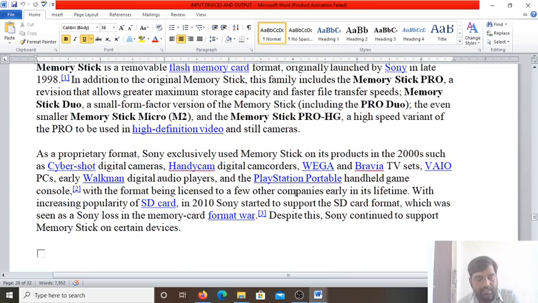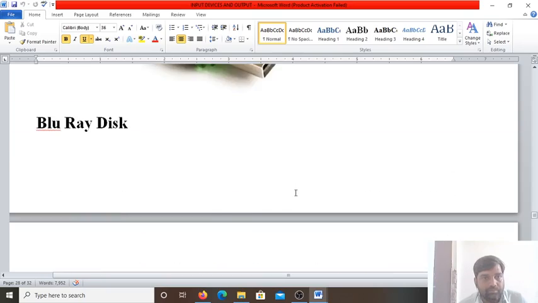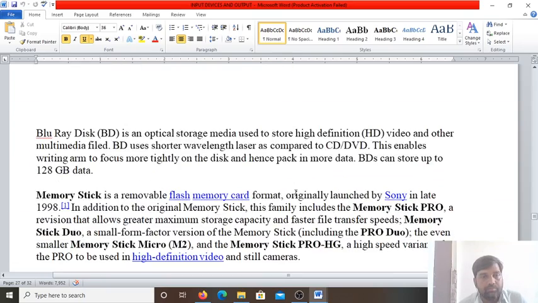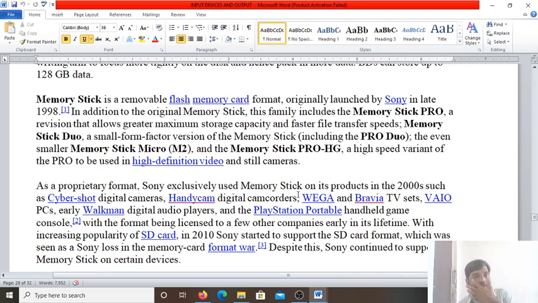Next is the memory stick. Memory stick is a removable flash memory card originally launched by Sony in late 1998. Memory stick family includes Memory Stick Pro also, a revision that allows greater maximum storage capacity and fast file transfer speeds.